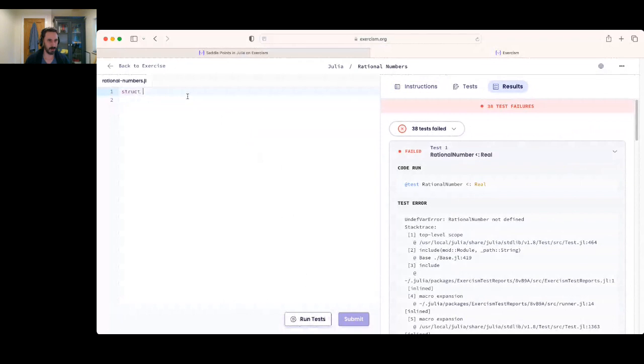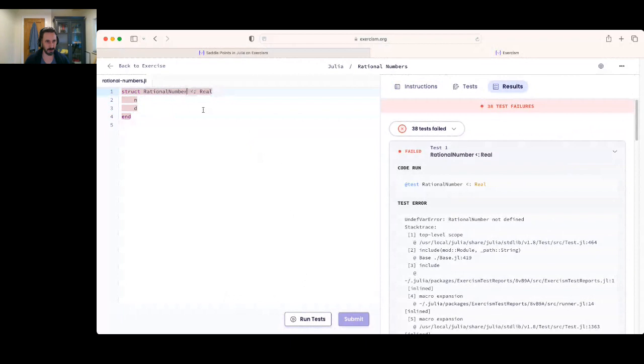So create a struct called rational number. We want that really to be a real number. N, it's going to be some type, and it's going to be D. Now, I assume N and D have to be integers. Seems reasonable. But integers come in lots of shapes and sizes in Julia.